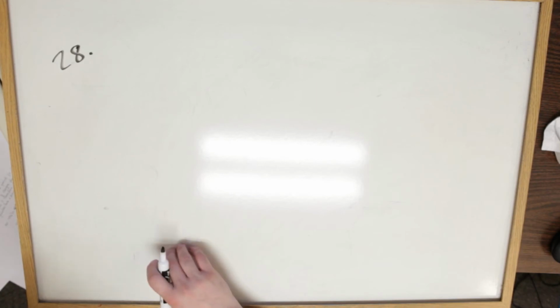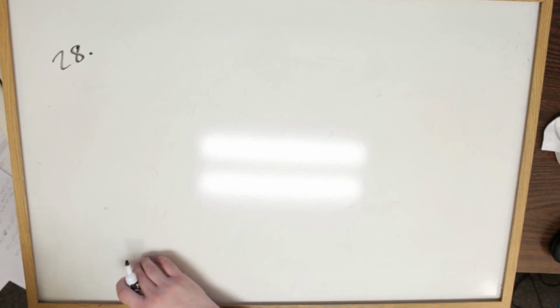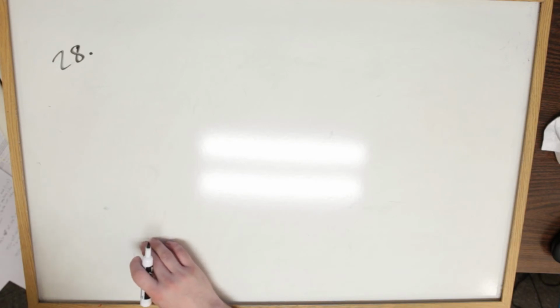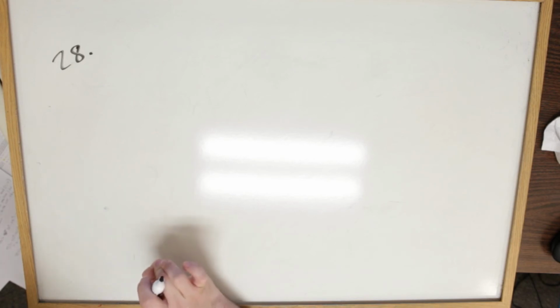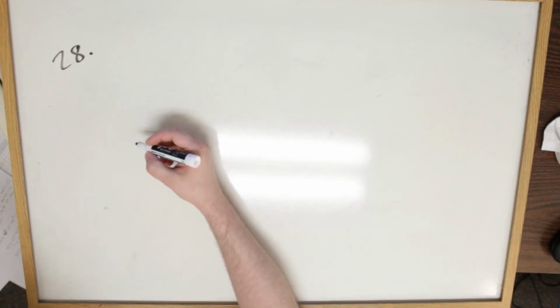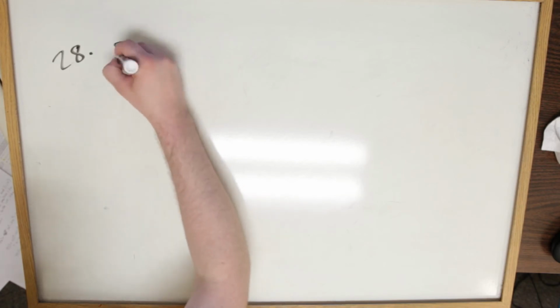So question 28, they're saying use the intermediate value theorem to verify that the polynomial has a 0 between a and b. In other words, the polynomial crosses the x-axis at some point. Okay? So here's what we're going to do. First, we're going to start with our polynomial. Let me write this out.